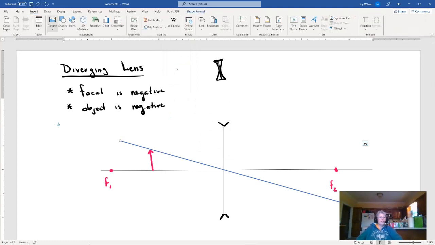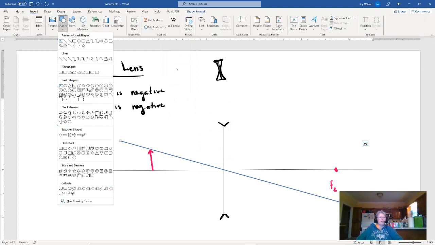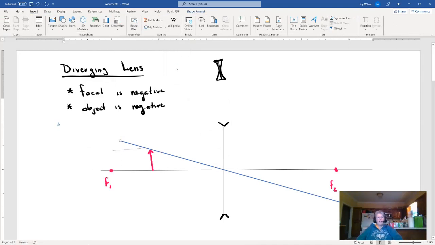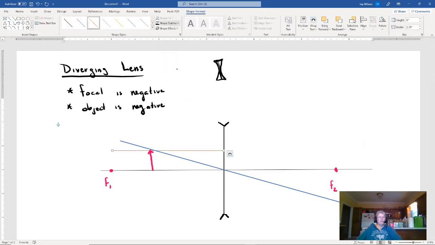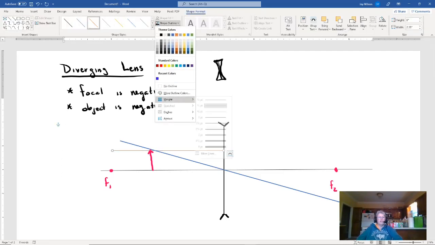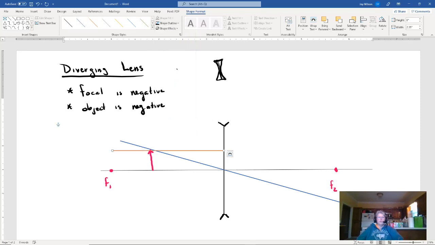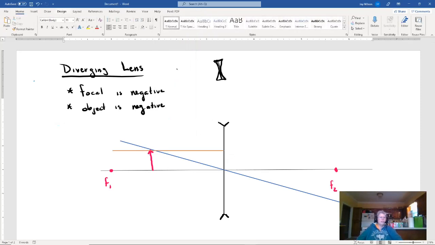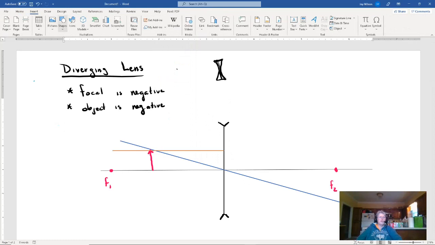Now, let's insert our parallel ray. So the parallel ray is going to go to the lens. Parallel. And then when it hits the lens, the next thing it's going to do is go through the focal point. But this is a diverging lens.